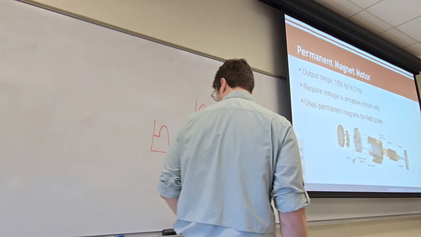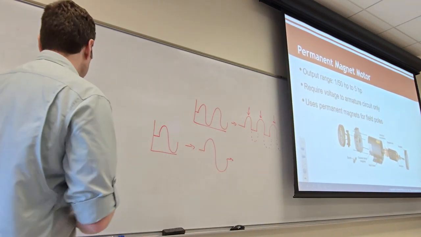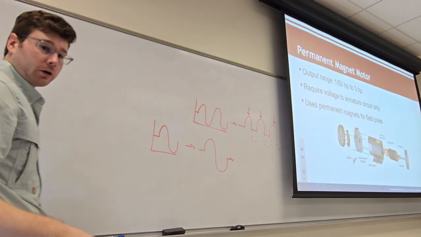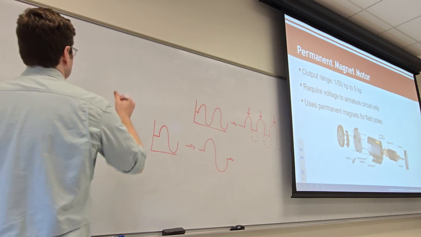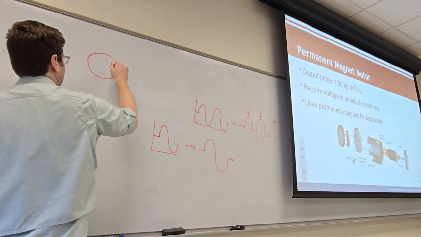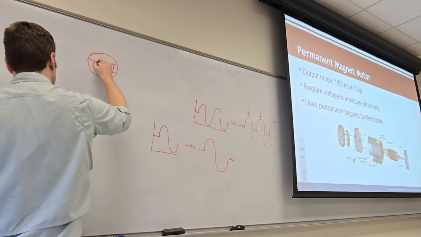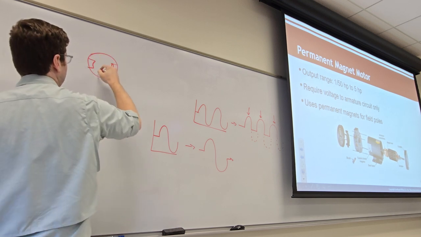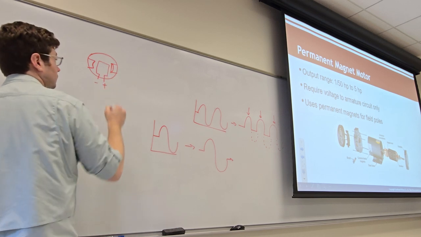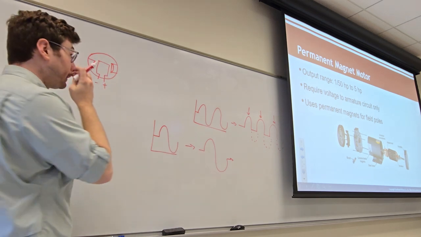And then again, there's a few different types of motors. Okay, I keep trying to use this marker, damn it. Okay, there's permanent DC motors. That's where it has a magnet built into it. Okay, and then really we just charge the armature to get it to move.